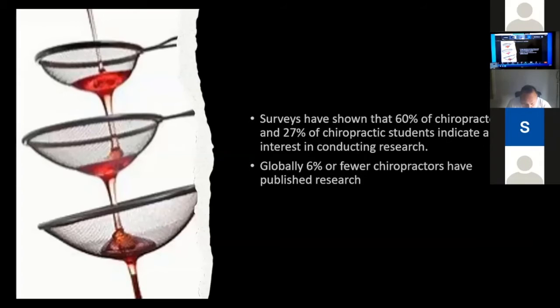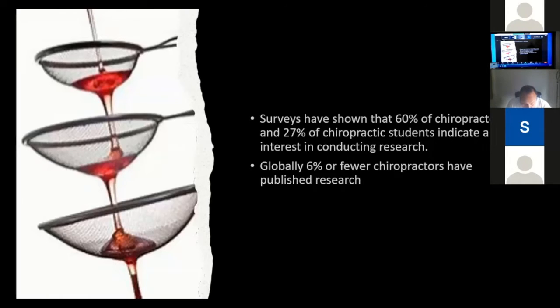So they've done surveys, and they found that about 60% of chiropractors, well over half, and over a quarter of chiropractic students indicate that they want to do research. They have an interest in conducting and publishing research. But when they actually look at chiropractors who have published research, the number falls. 6% is the high end of what they've identified.